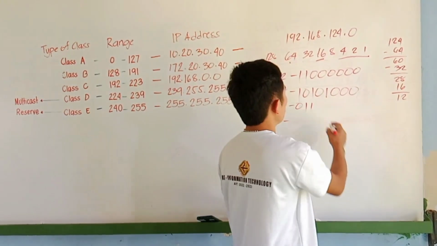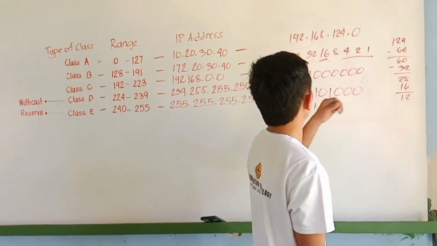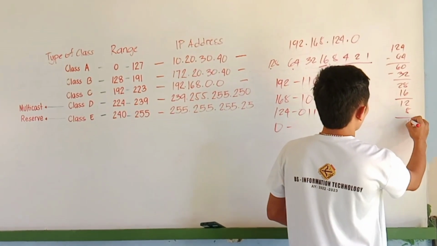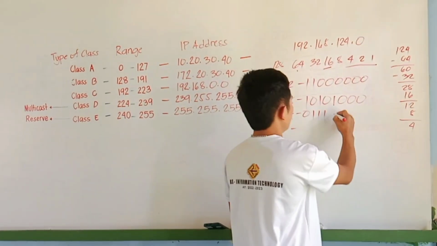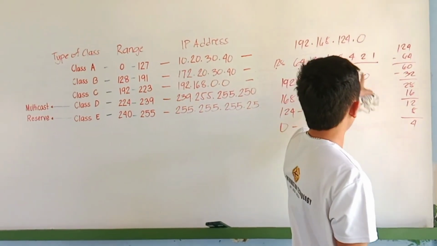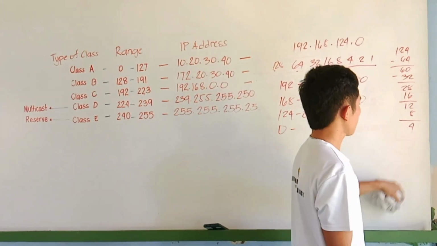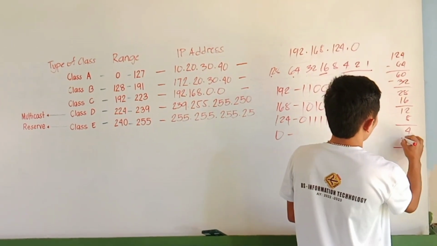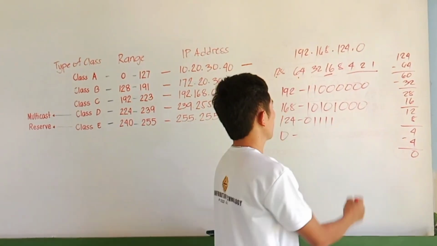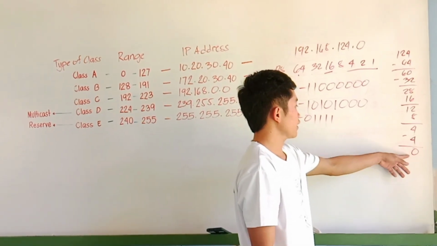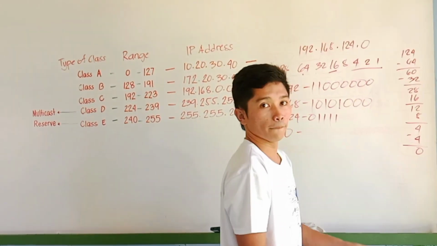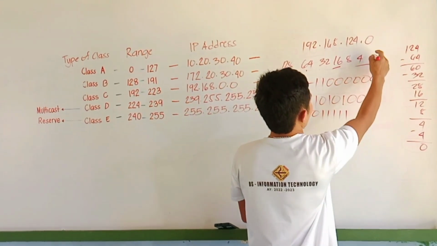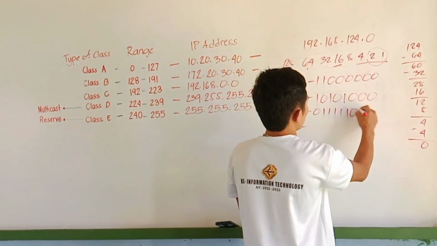So we put again 1 for 16. The next is 12 minus 8, which is equal to 4. Then put again 1. Then 4 minus 4 is equal to 0. If we get the result 0, we need to stop subtracting. So we put 1 again. Then for the rest of the 2 bits, we put 0.